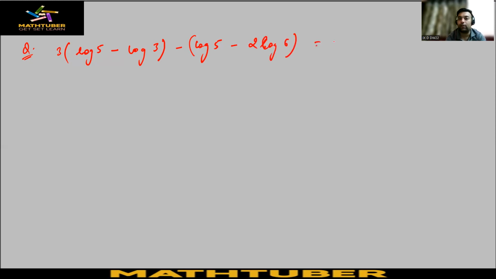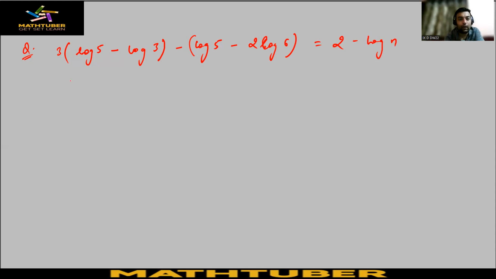Similarly, we have another question. 3 into (log 5 minus log 3), minus log 5, minus 2 log 6 is equal to 2 minus log n, and we have to find the value of n here.